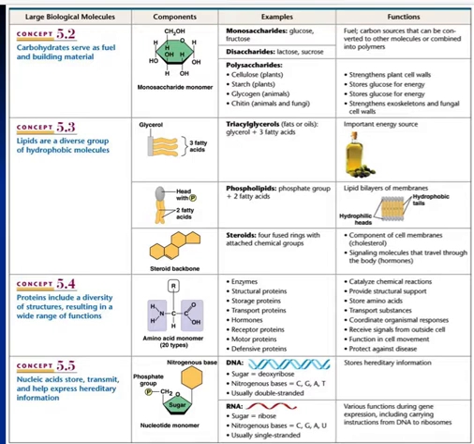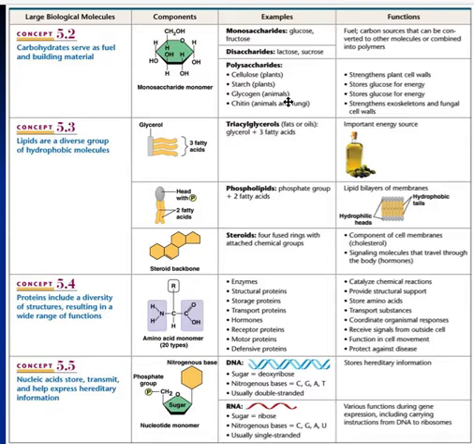The first biological macromolecule I'm going to discuss are carbohydrates, and the components are going to be carbon, hydrogen, and oxygen. And you can see that in its chemical structure, that ring-like structure under components. Some examples of carbohydrates would be glucose and fructose.